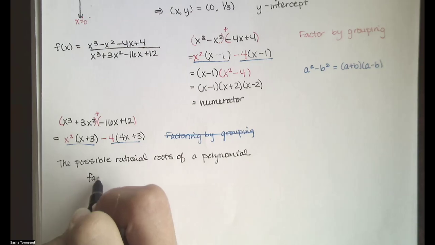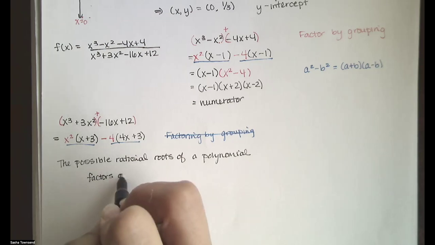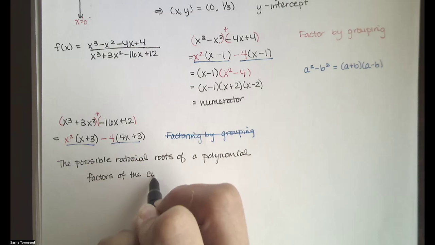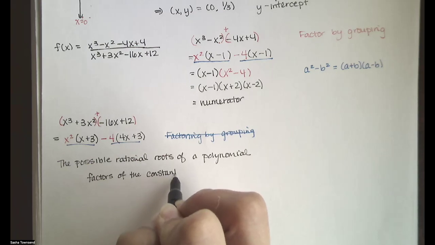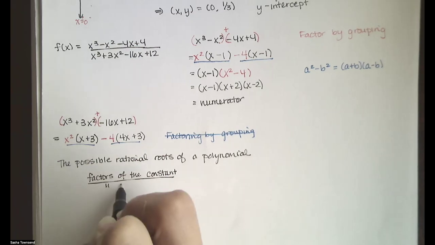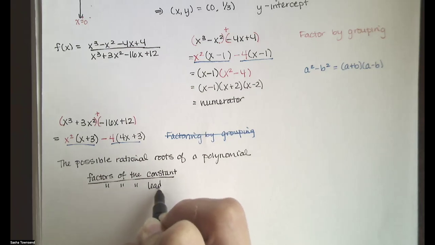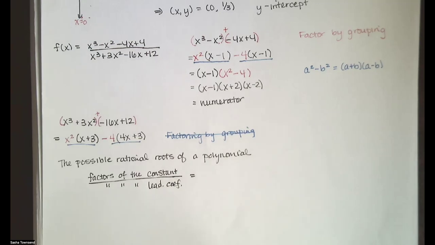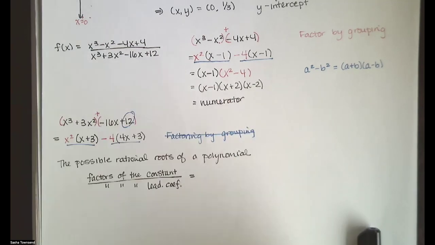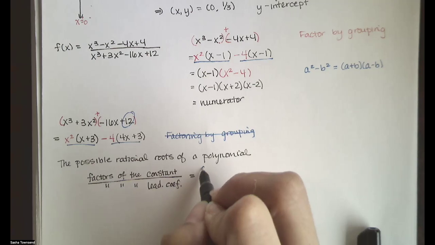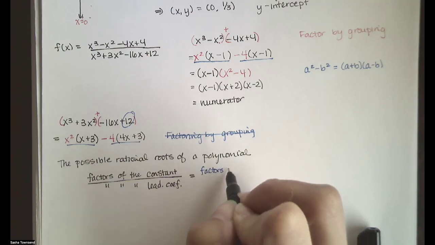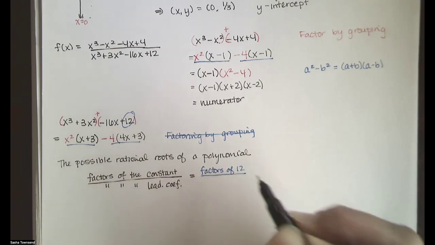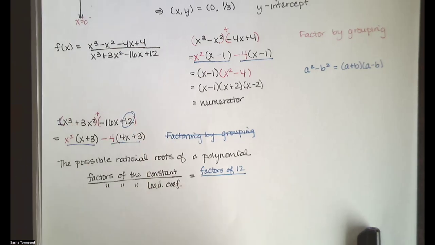You take all of the factors of the constant term, and you divide by the factors of the leading coefficient. So in our case, the constant is the 12. So we want the factors of 12. And we want to divide by the factors of the leading coefficient, which is an implied 1.